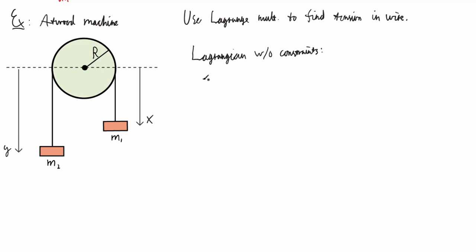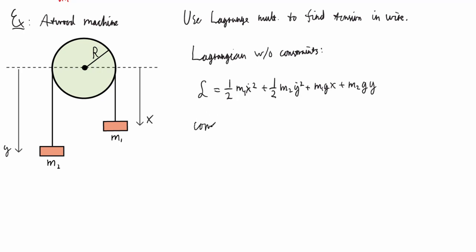The Lagrangian without constraints is simply 1/2 m1 x dot squared plus 1/2 m2 y dot squared, minus the potential over there. So that's the Lagrangian.